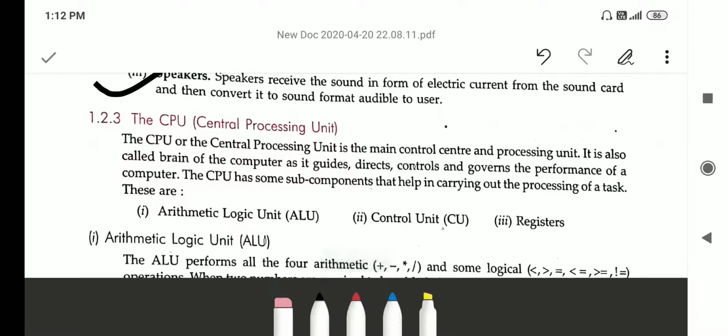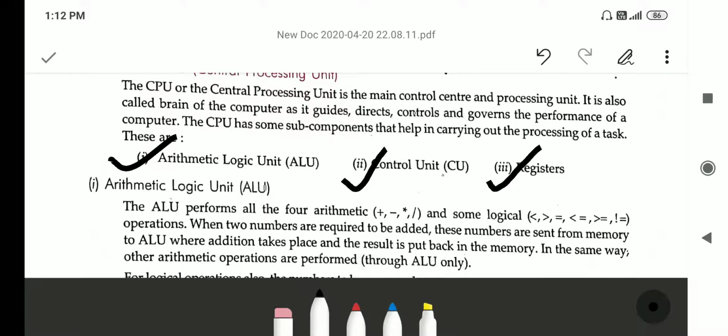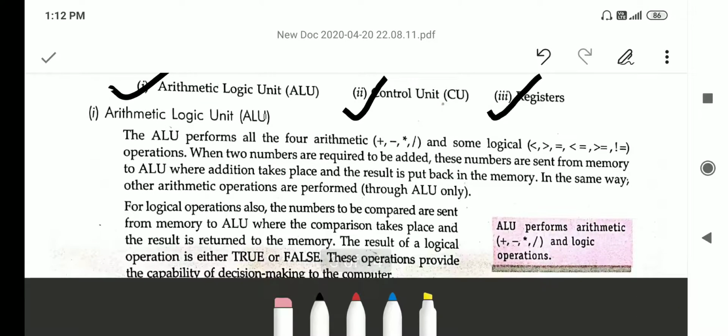Central processing unit, as we have discussed, consists of ALU, CU and registers. Now you can see here the arithmetic logic unit, control unit and registers. What is ALU? ALU is the part in which maths will be solved, for example plus, minus and some relational and logical operations.